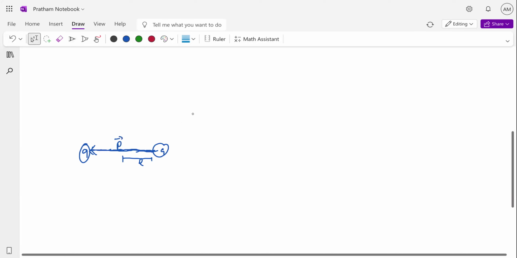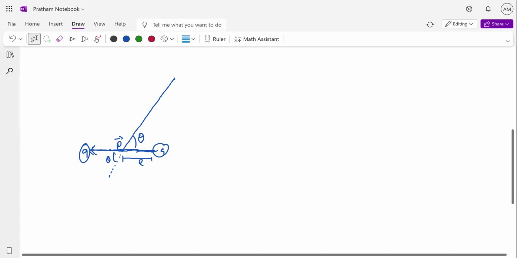Now I want to calculate the field at this angle. This is my dipole moment, so I can resolve it into two vectors because it's a vector quantity. If this is theta, this will also be theta.